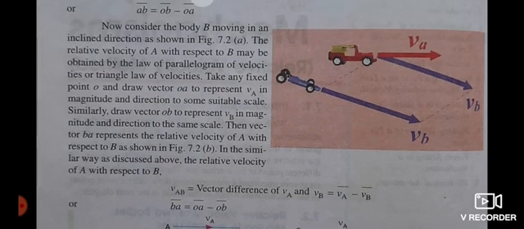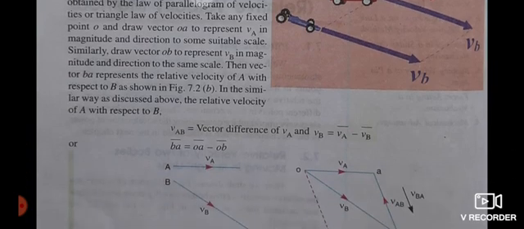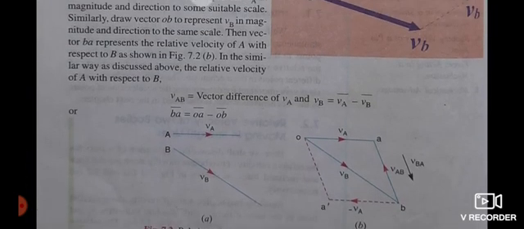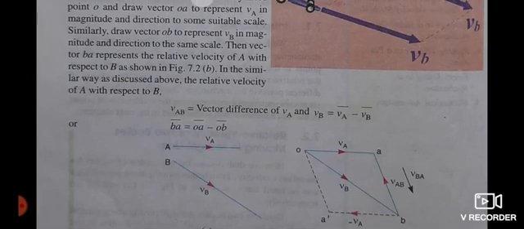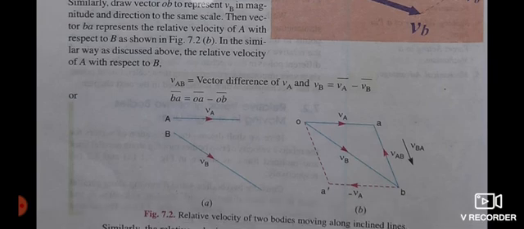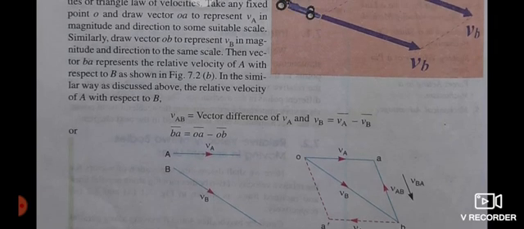The relative velocity of A with respect to B may be obtained by the law of parallelogram of velocities or the triangle law of velocities. Take any fixed point O and draw vector OA, which represents VA in the second diagram, 7.2b.